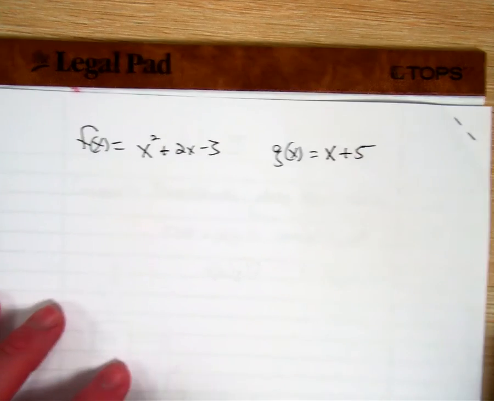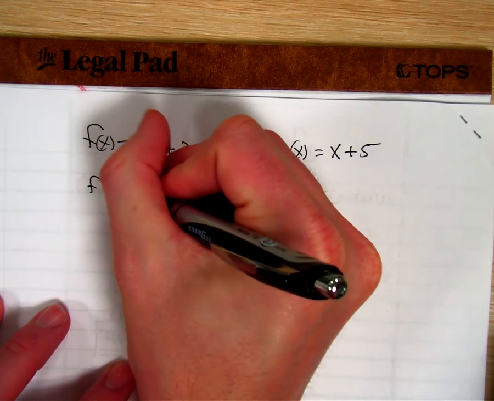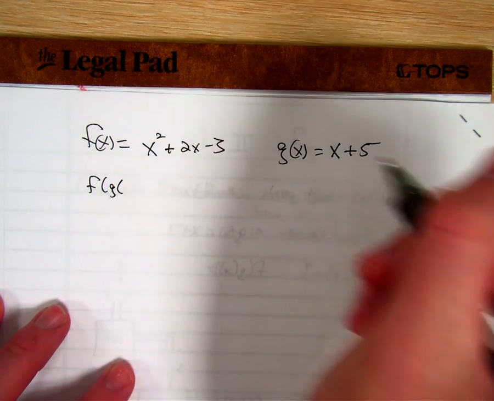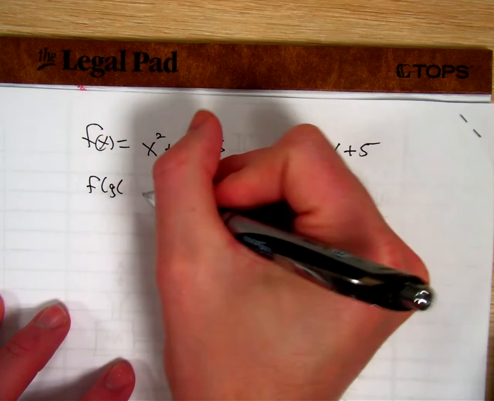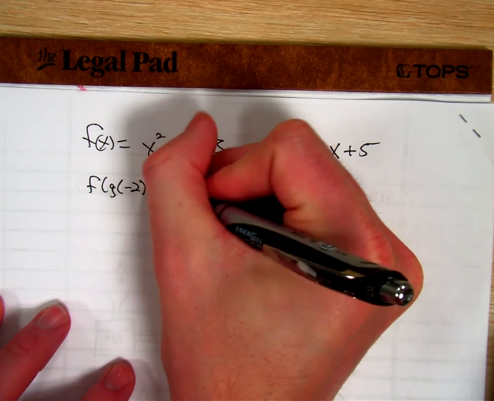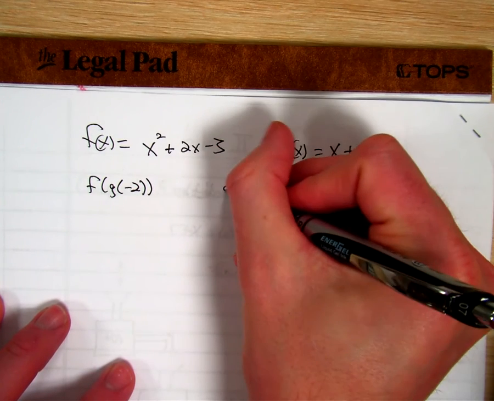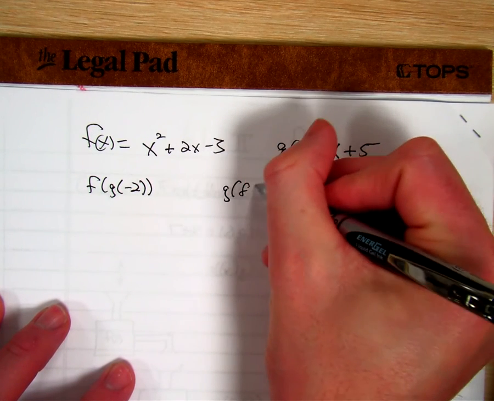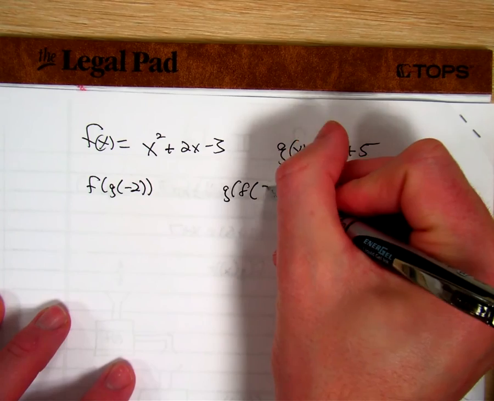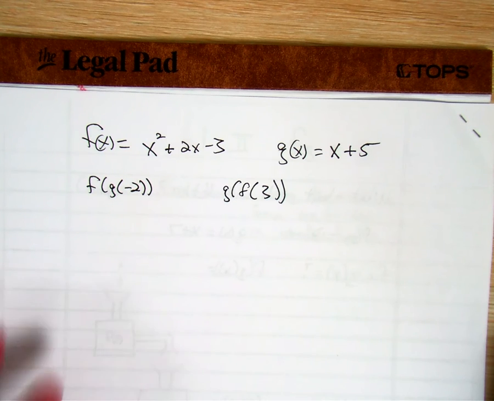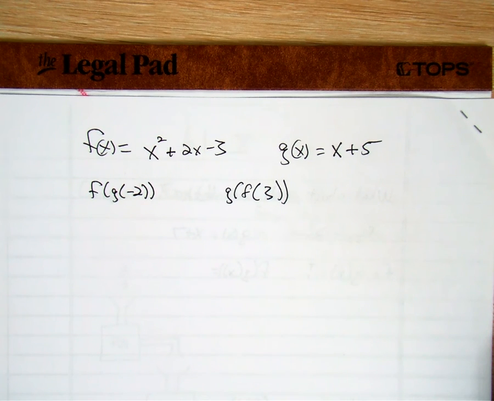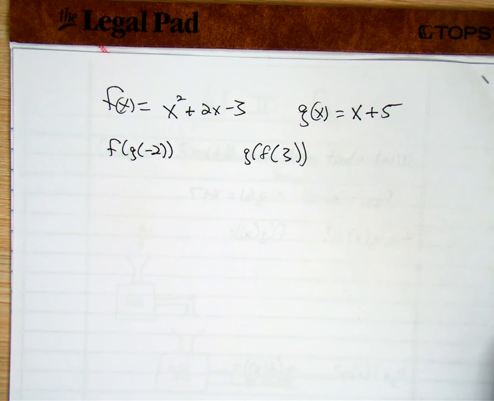Okay, let's try it both ways here. Let's go f of g of negative 2. And then we'll go g of f of 3. All right, go ahead and push pause and see if we can do those on our own.